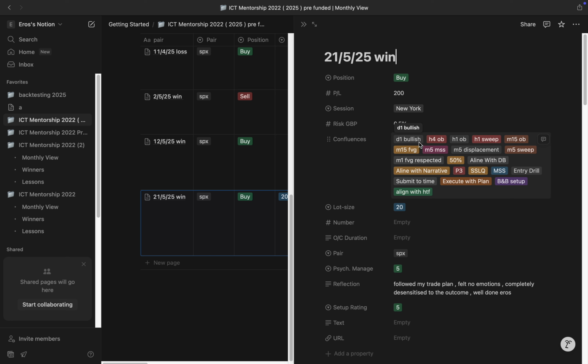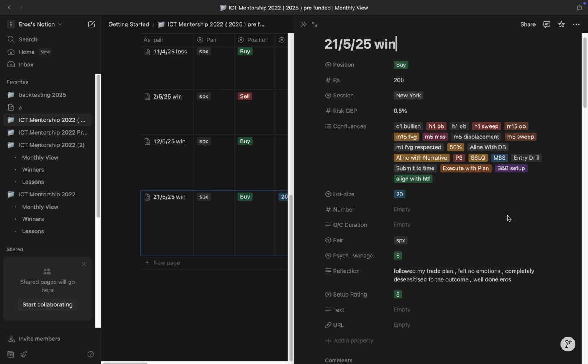Daily was bullish. The 4 hour order block was respected, followed by a 1 hour order block respected, a 1 hour sweep, and a 15 minute order block. Power 3 was also involved there as well. We were obviously in line with the higher time frames. We were bearish on the day, on the evening, but overall we were bullish on the medium time frames.